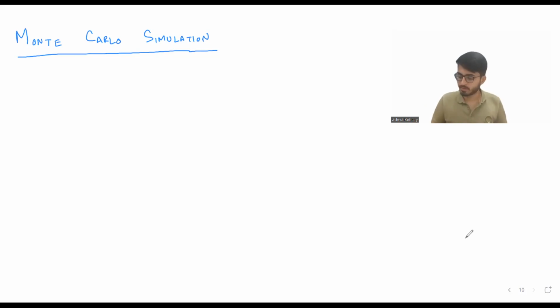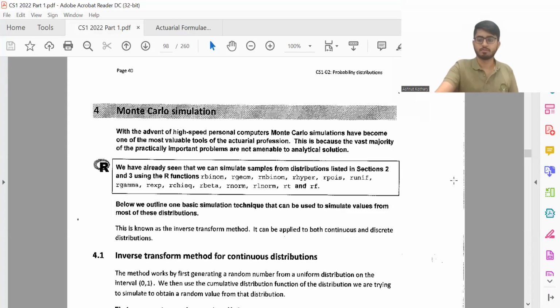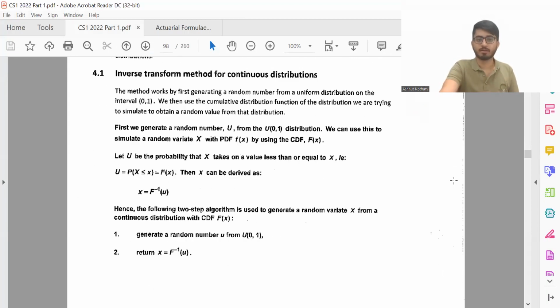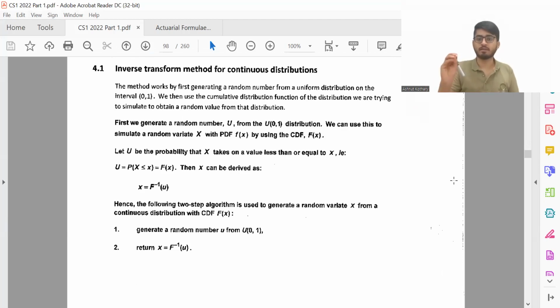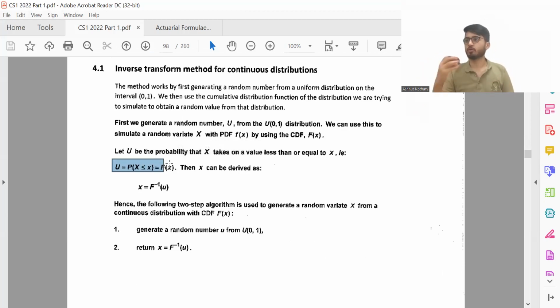Now the steps are directly there in the material itself. Let us take a look at it. The approach and finally the application is very simple. What you need to do, at a very simplistic level, is equate U to Fx. X is the distribution from which I want to generate certain random samples.